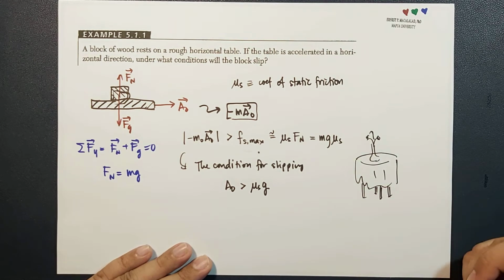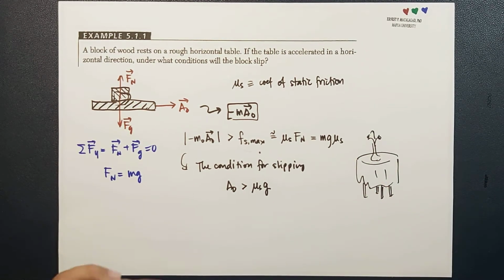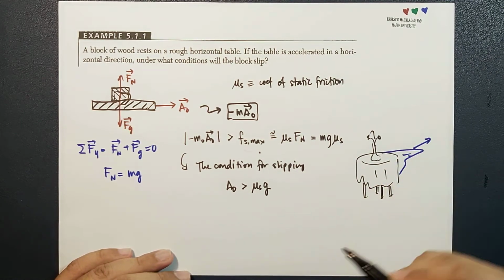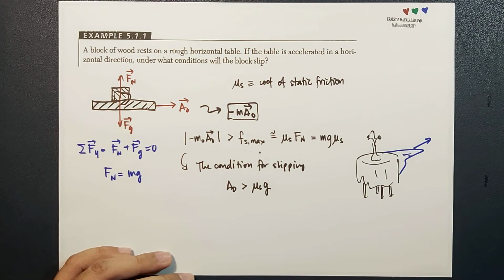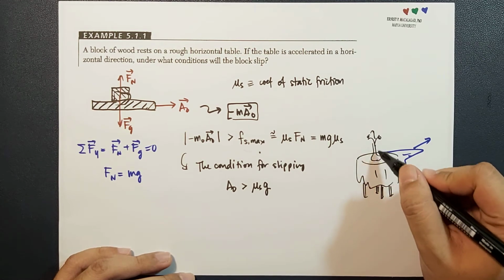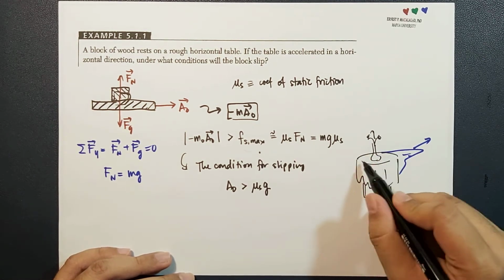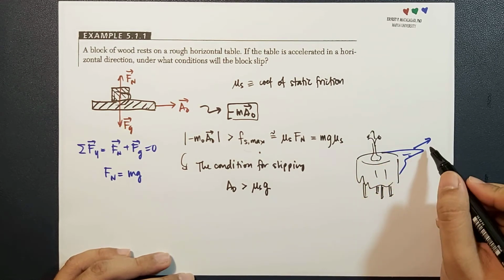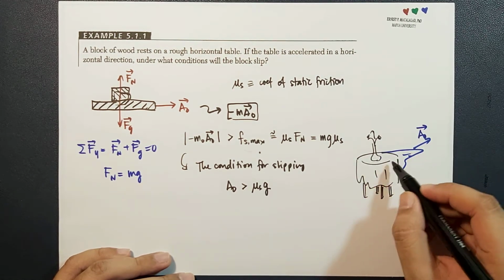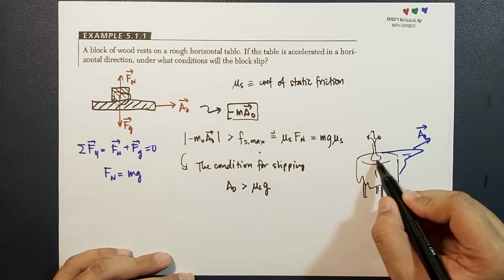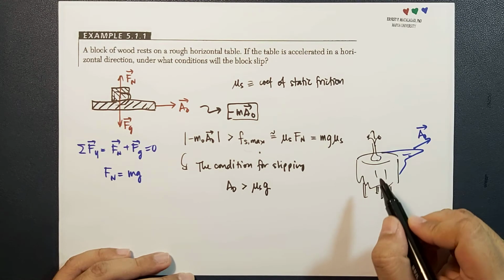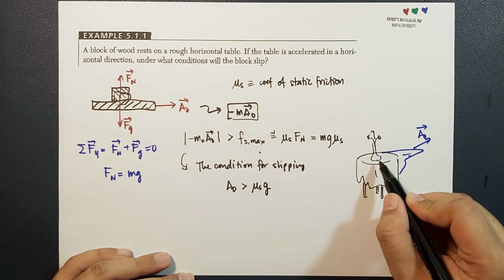The tablecloth trick is when you pull the tablecloth as fast as possible to avoid this vase or anything on the tabletop going with the tablecloth, because if this acceleration is not enough, the frictional force between, let's say, the vase and the tablecloth will prevent this vase from slipping.